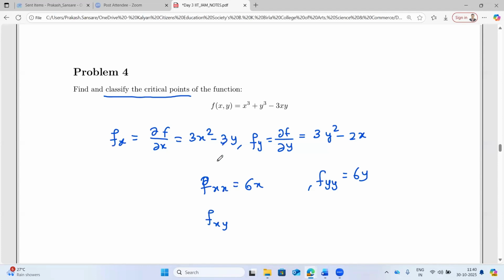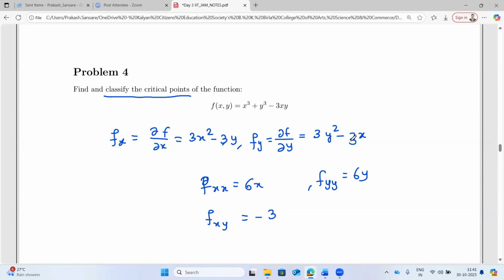You can either differentiate fx with respect to y, because the mixed partial derivatives are equal when the first partial derivatives are continuous. So in this problem fxy and fyx are always the same. So now if you differentiate this fx with respect to y, you will get the answer as -3.